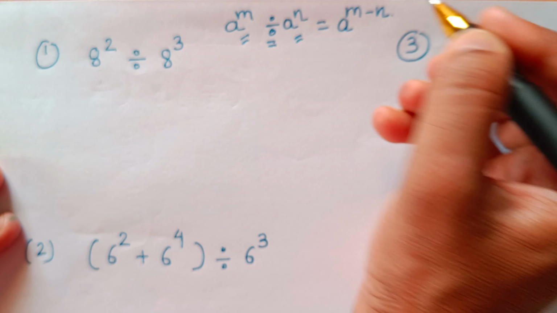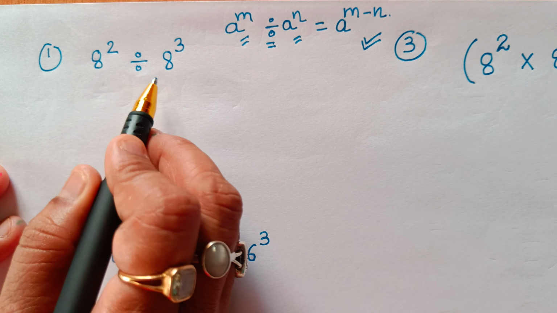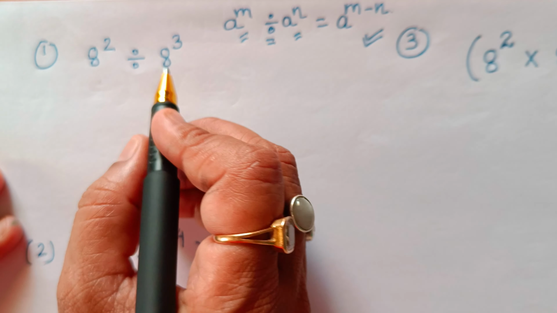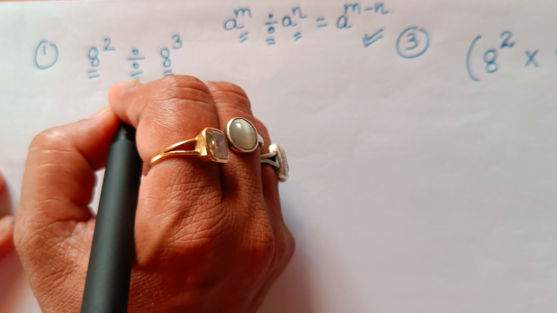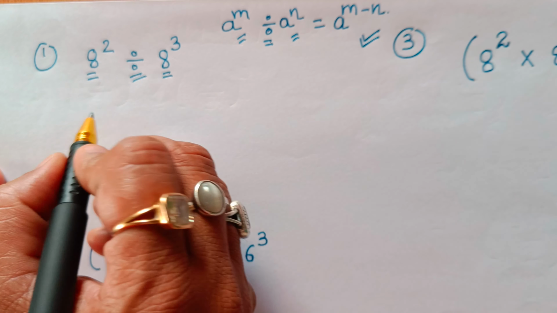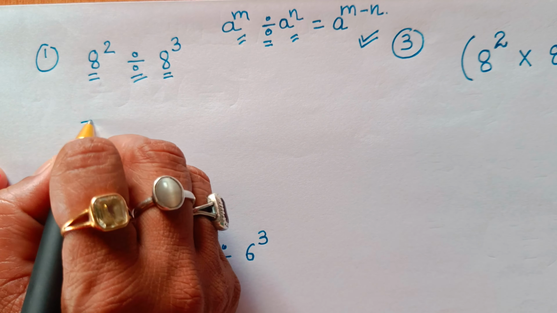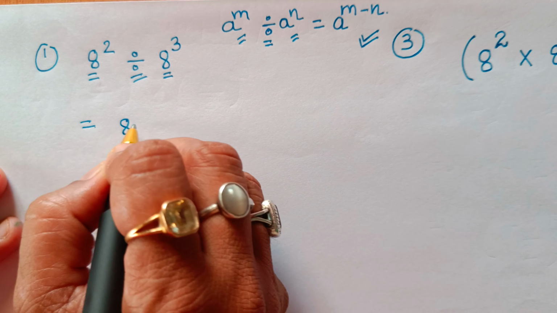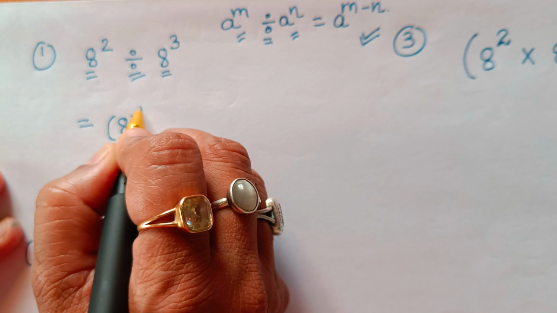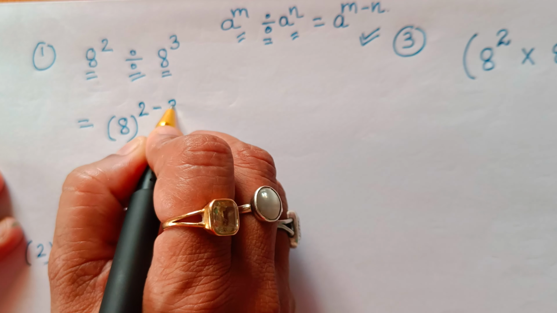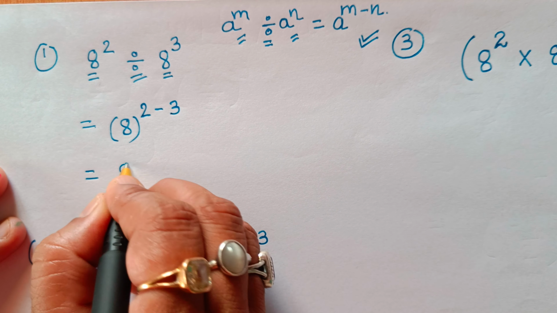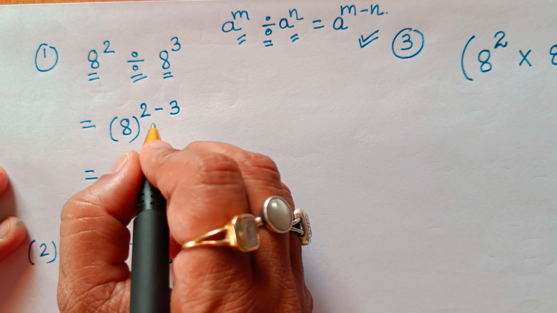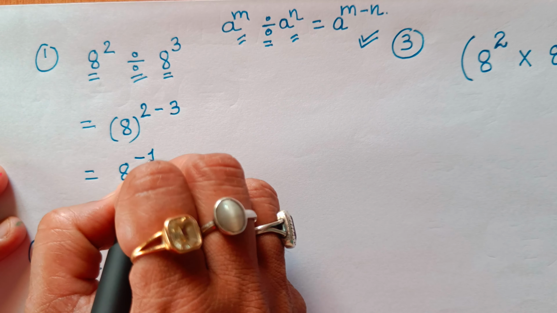Here in the first sum, 8 raised to 2 divided by 8 raised to 3. Here the base is the same and it is division, so we subtract the powers. Therefore, it is equal to 8 raised to 2 minus 3, which is 8 raised to minus 1.